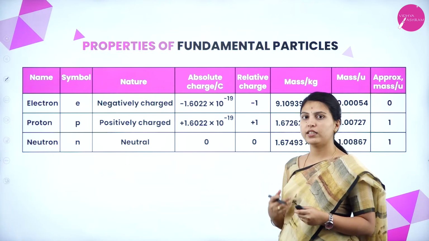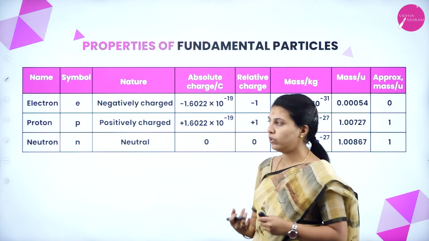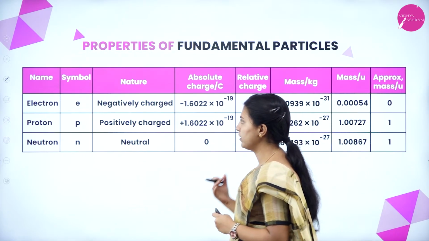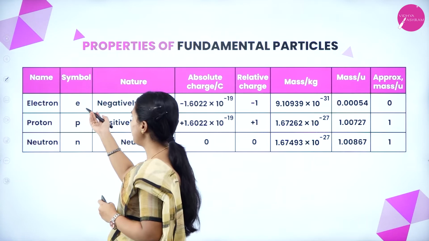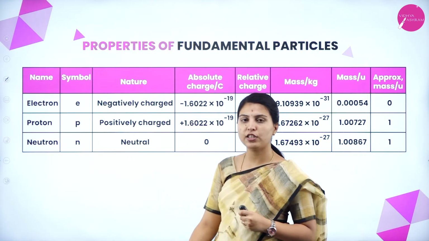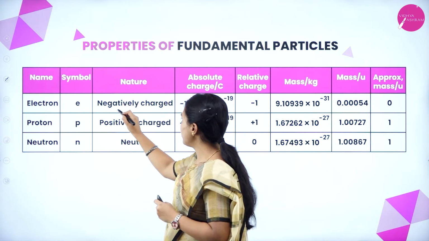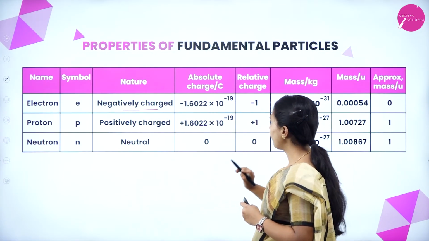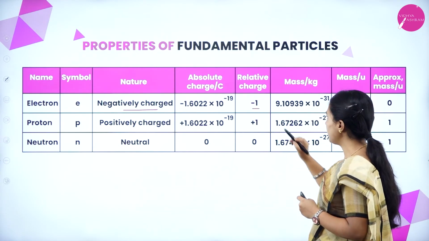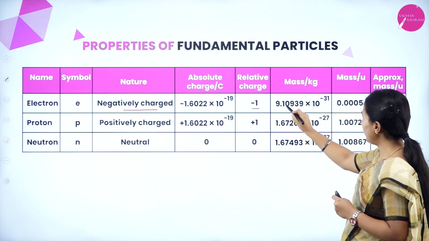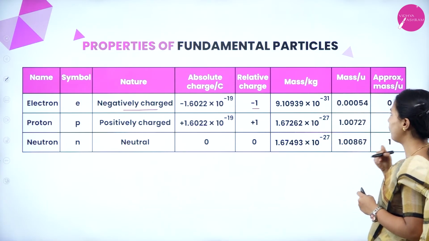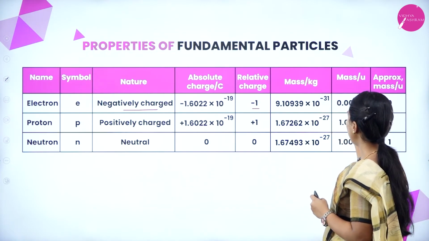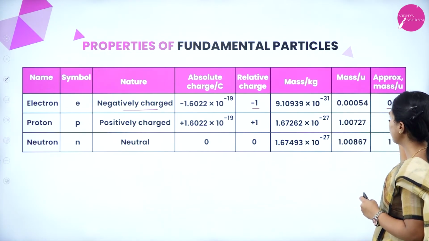After discovering the proton, neutron and electron, the properties of the fundamental particles are shown like this. Name: electron, symbol small e. All the fundamental particles you should write in small letters. Its nature is negatively charged. Absolute charge is 1.6022 × 10^-19, relative charge -1, mass 9.10939 × 10^-31, and mass in unified units is 0.0054, approximately 0.